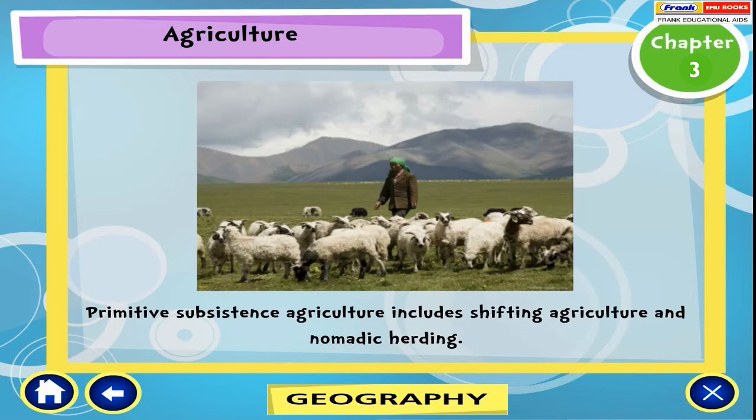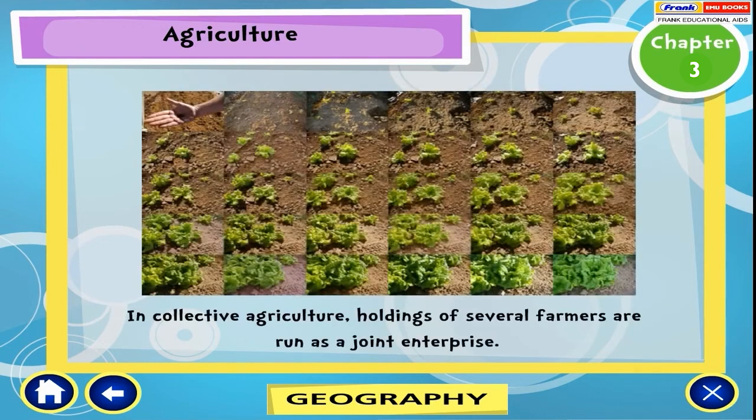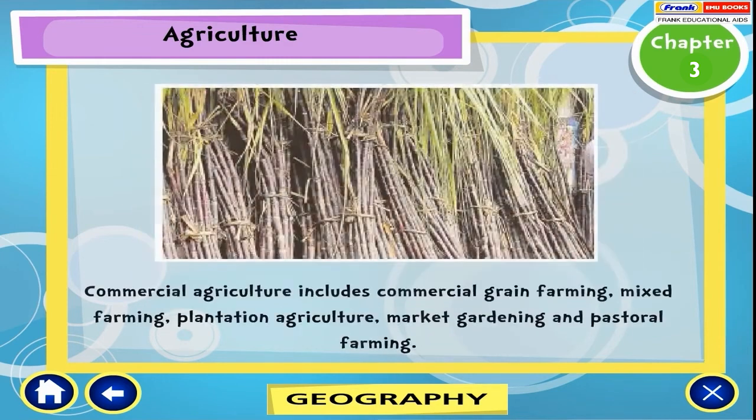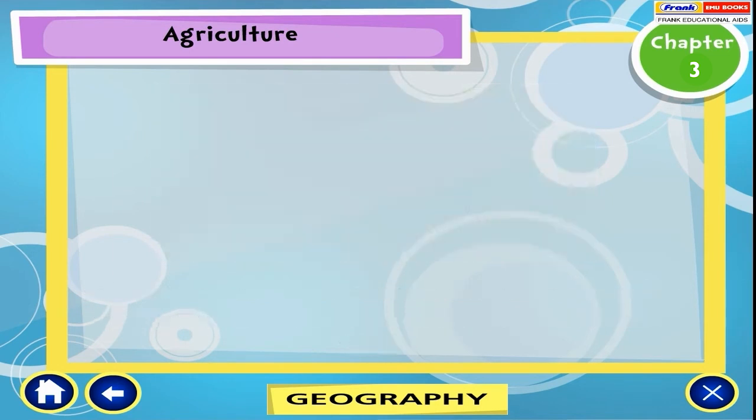Primitive subsistence agriculture includes shifting agriculture and nomadic herding. In collective agriculture, holdings of several farmers are run as a joint enterprise. Commercial agriculture includes commercial grain farming, mixed farming, plantation agriculture, market gardening, and pastoral farming.